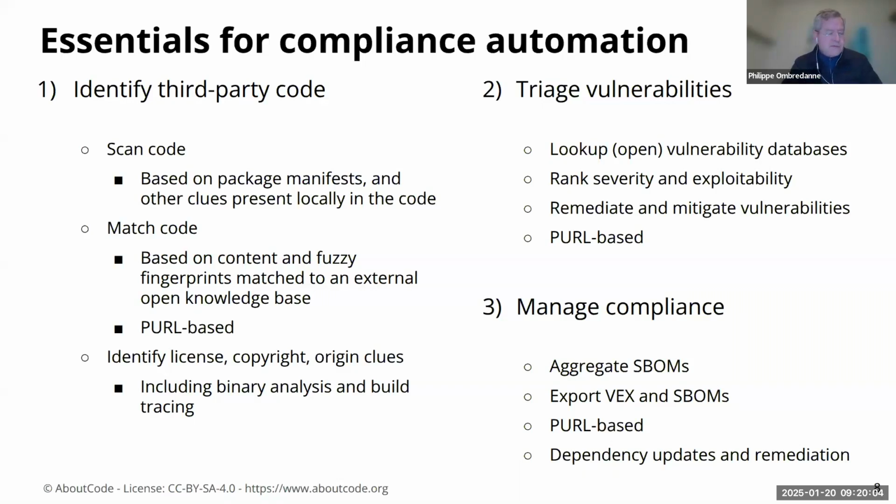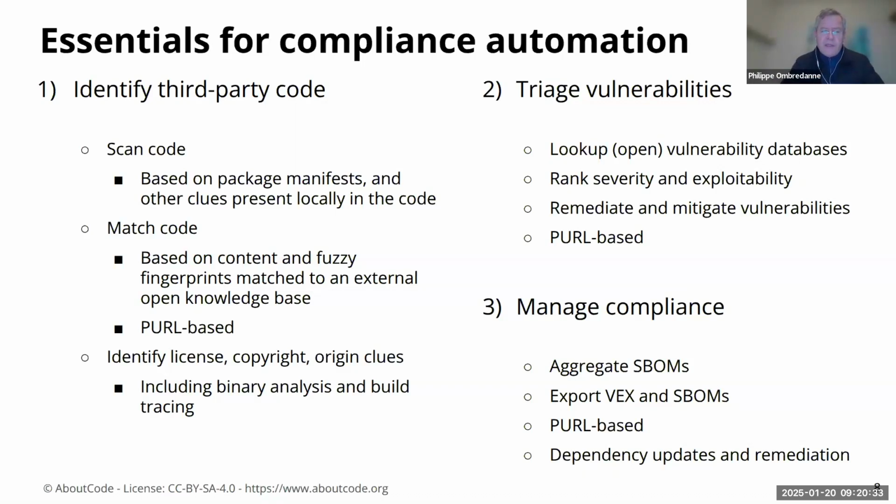And so I like to say there are really two techniques. Scanning code, which is looking at the code in abstraction of the rest of the world and trying to find, oh, there's a package.json for an NPM JavaScript package, so therefore there's metadata. You can detect licenses, you can find a copyright and other clues which are locally present in the code without looking at the rest of the world.